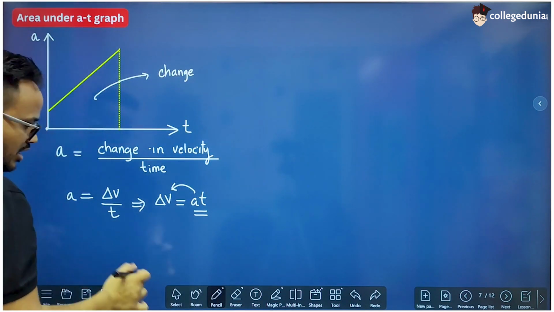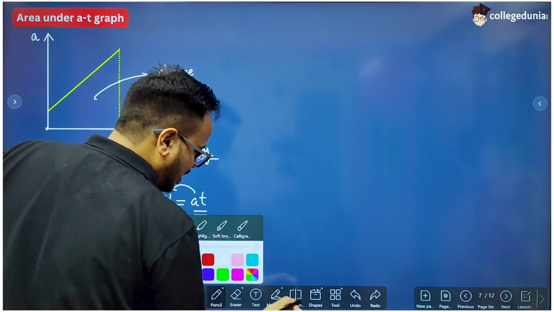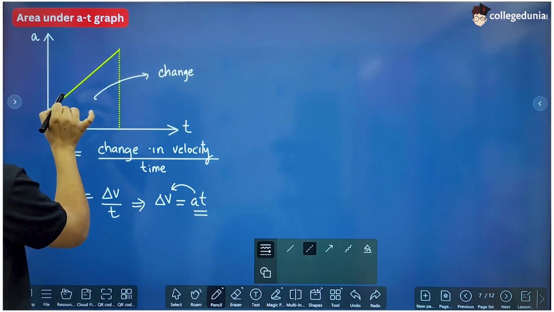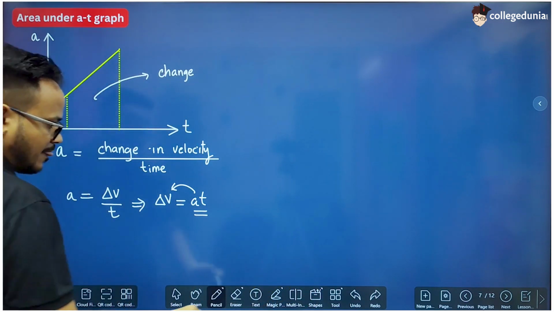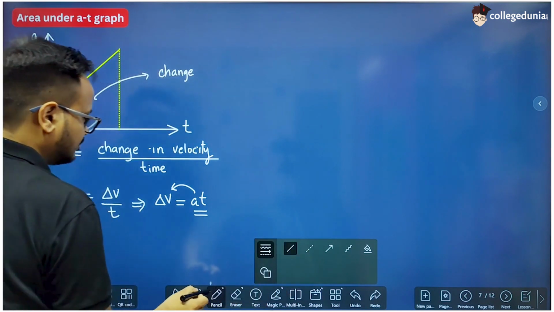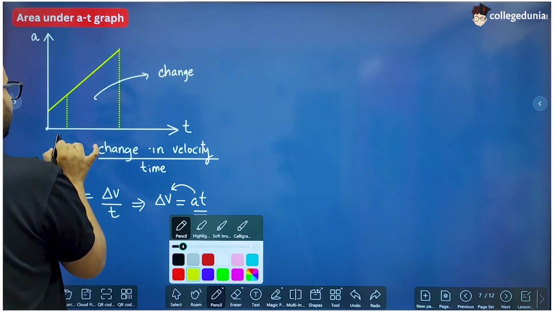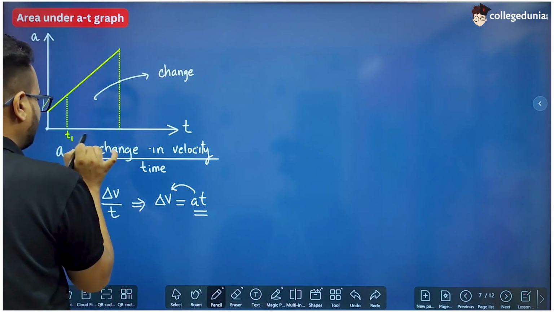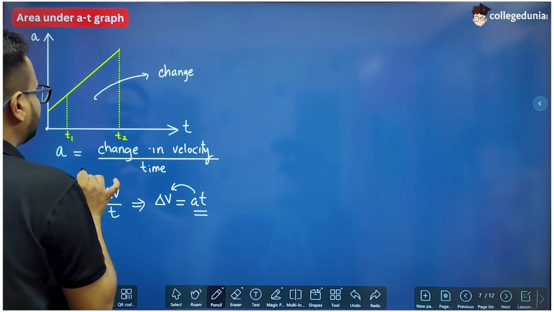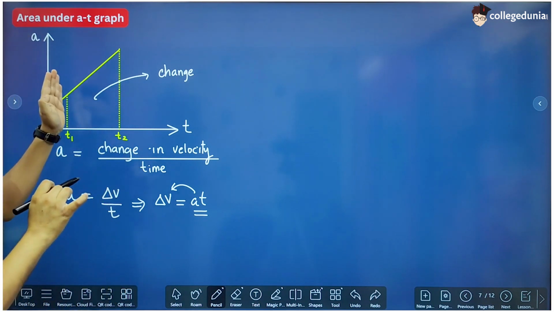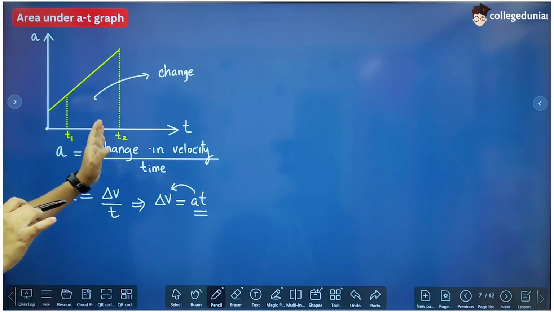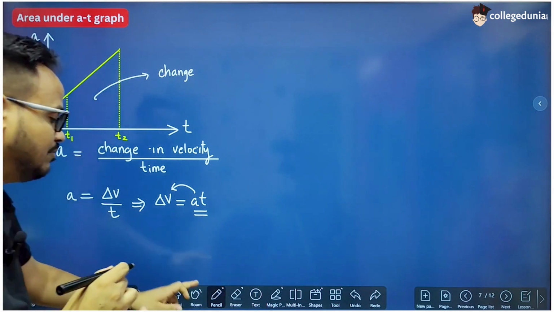If you are taking this whole area, you can take some part of this area also. If I am taking the area from here, this was time t1 and this was time t2. Obviously there was some velocity of this body at time t1 and some velocity at time t2.